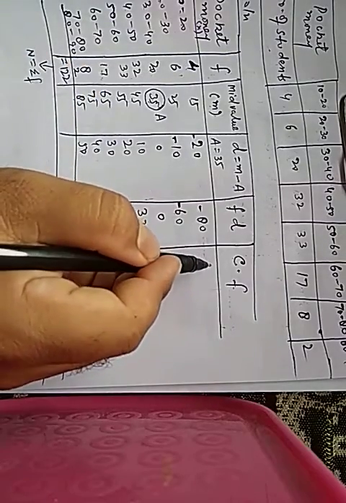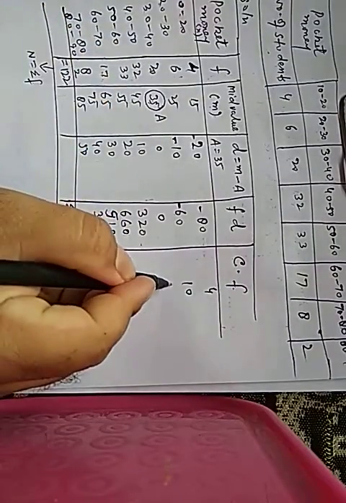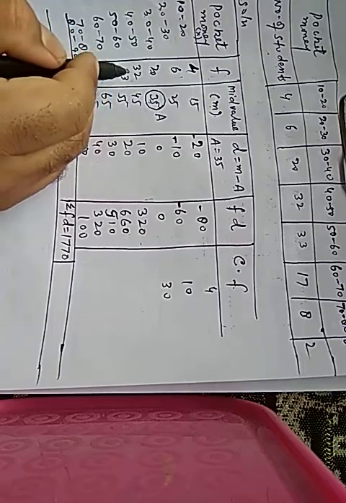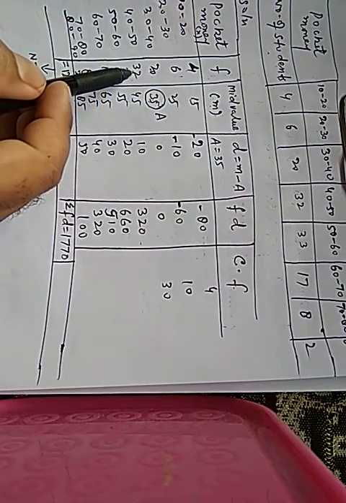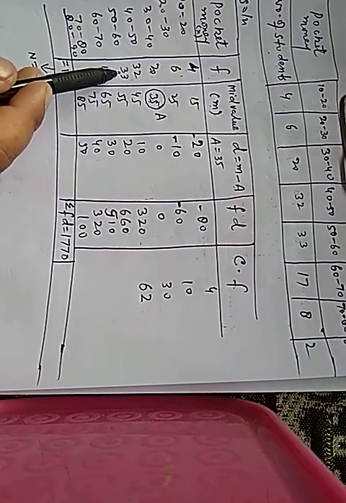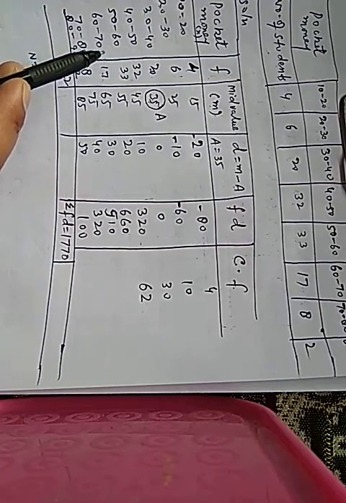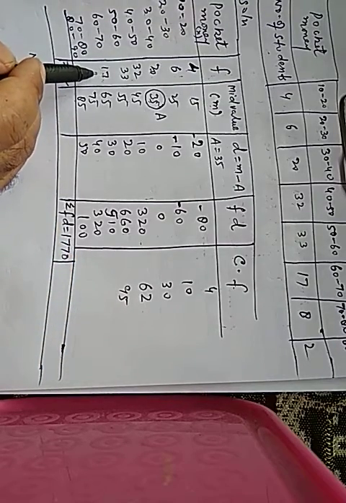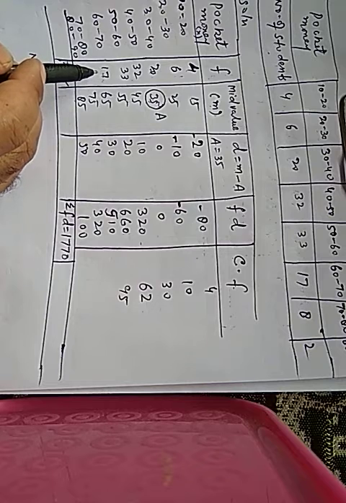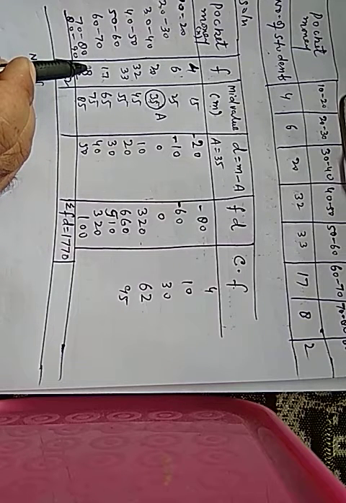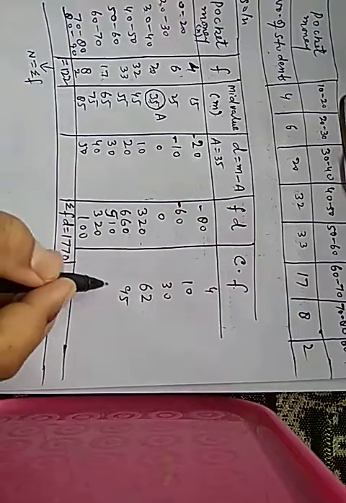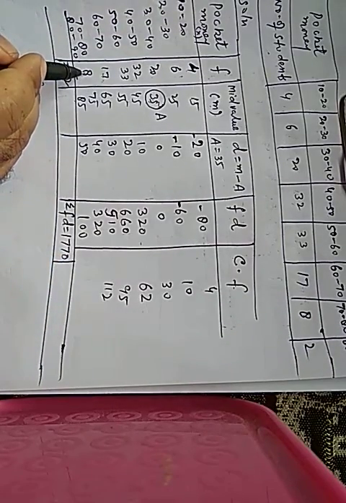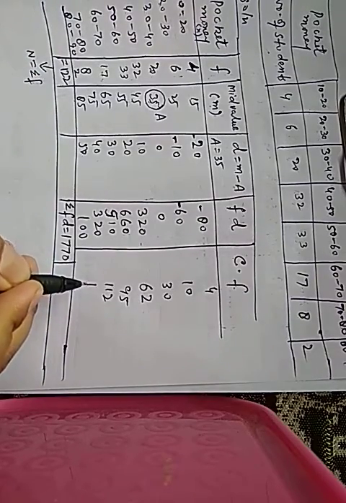The first frequency will be written the same, equal to 4. 4 will be added to 6, 10. 10 will be added to 20, 30. 30 will be added to 32, it will be equal to 62. 62 plus 33 is equal to 95. 95 will be added to 17, it will be equal to 112. 112 will be added to 8, it will be equal to 120.